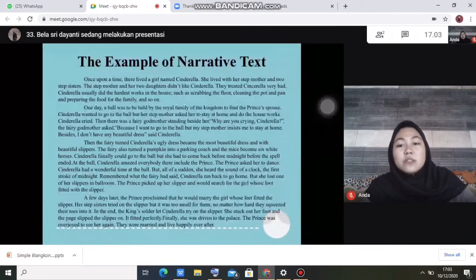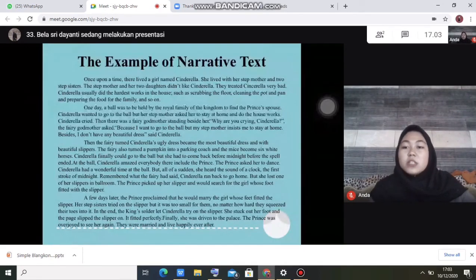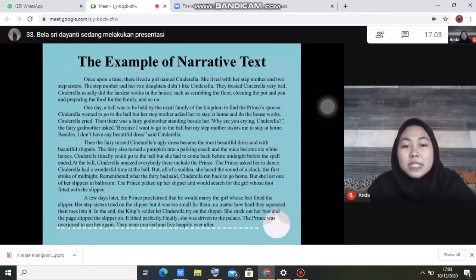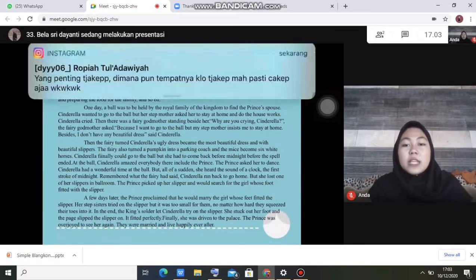Then the fairy turned Cinderella's ugly dress become the most beautiful dress and with beautiful slippers. The fairy also turned a pumpkin into a parking coach and the mice become six white horses. Cinderella finally could go to the ball, but she had to come back for midnight before the spell ended.